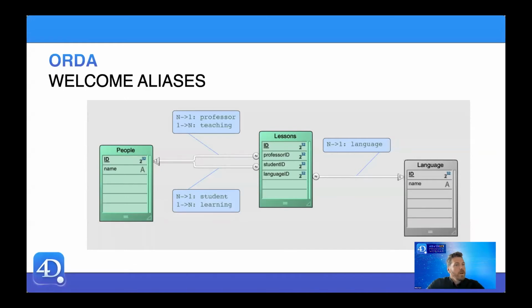4D v19 R4 comes with a new ORDA concept, aliases. They're the logical and complementary continuation of calculated attributes. As the name suggests, an alias is a shortcut to an existing data store object.